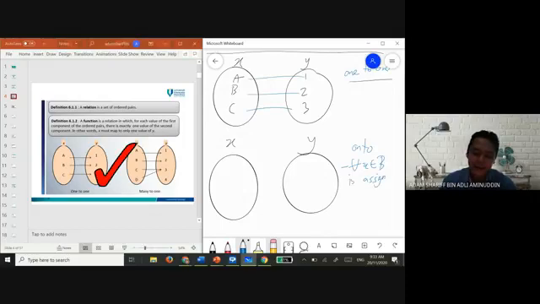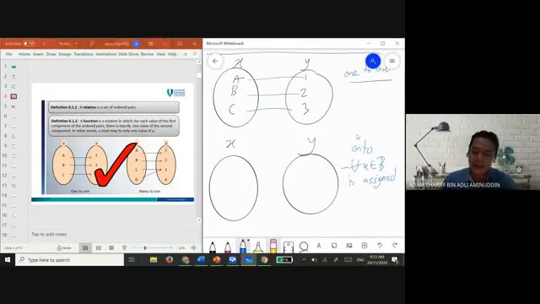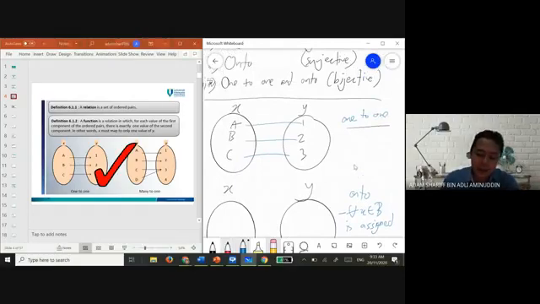Tu maksud dia. All elements in the codomain is assigned. So suppose kita tengok yang atas ni, kamu tengok dekat codomain dia. Ni codomain Y. Semua elemen dalam codomain dia assign atau tidak kepada elemen dalam domain?